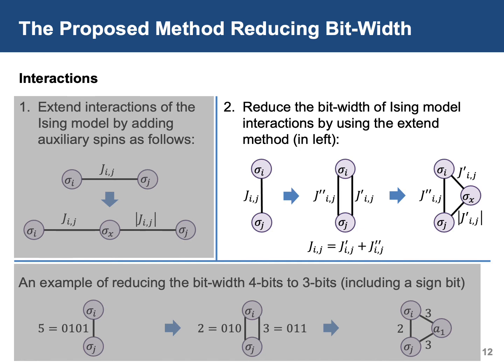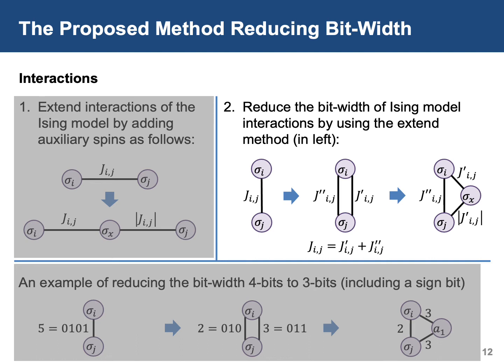Next, I'll introduce a method to reduce the bit width of the interaction coefficient by using the interaction extension method. First, we divide the interaction into 2. At this time, please note that the original interaction coefficient is kept by summing up these divided interaction coefficients.